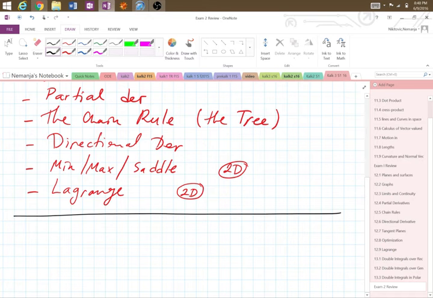Laplace is in differential equations. Laplace transforms. Oh yes, yes. What's the problem number, guys? 23.